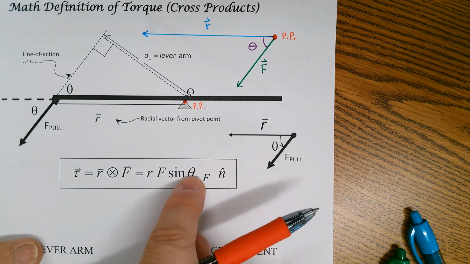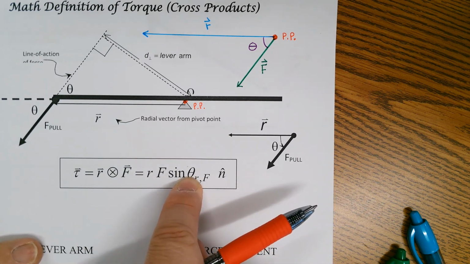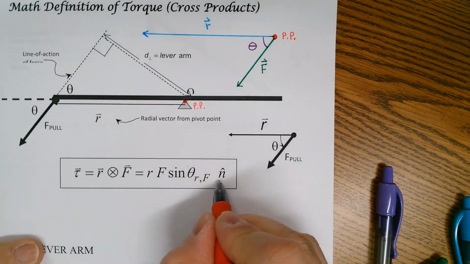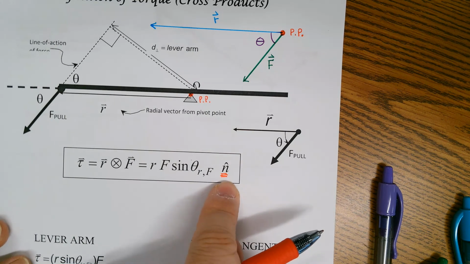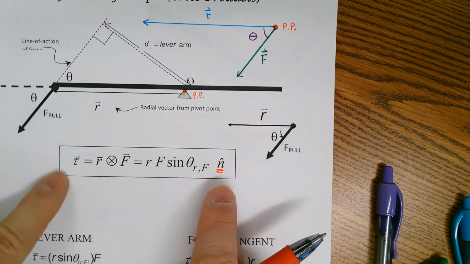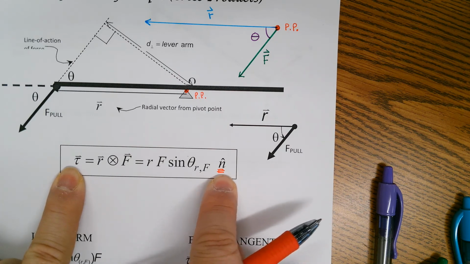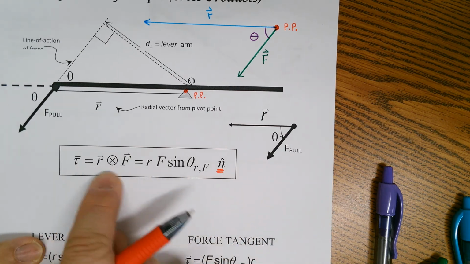The sine of theta. The theta should be less than 180, okay? And here's the important thing: n hat. What does that mean? That means this torque has to be normal, right? Which means it has to be perpendicular to both R and F.